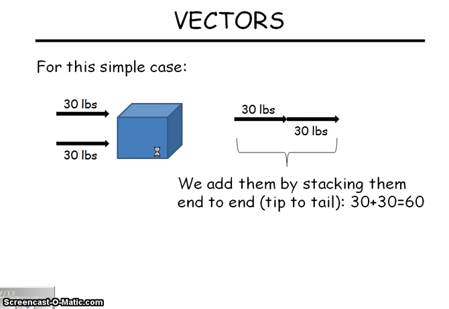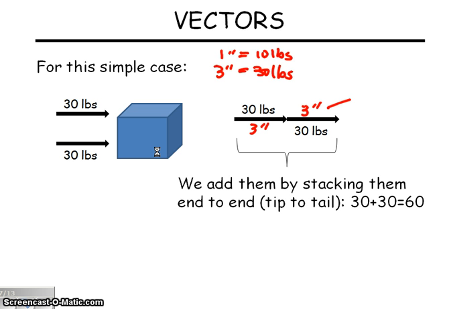For this simple case, we take the two arrows and we stack them tip to tail. And we see that 30 plus 30 gives us 60. If we drew them to scale, maybe 1 inch equals 10 pounds, then 3 inches would represent 30 pounds. So they could be two arrows, 3 inches long each. And that would give us a 6 inch long line, which would be 60 pounds. Okay.